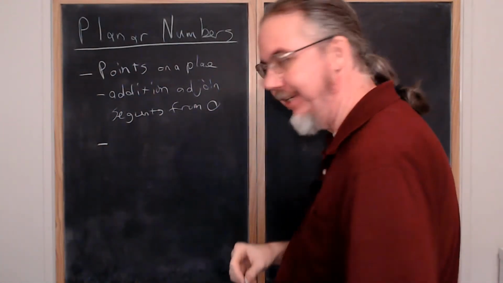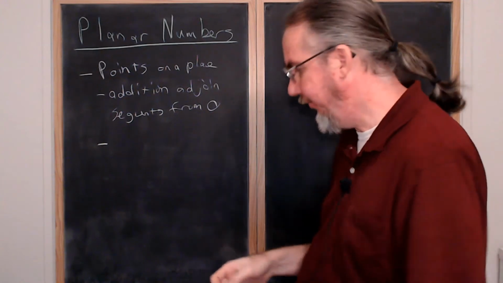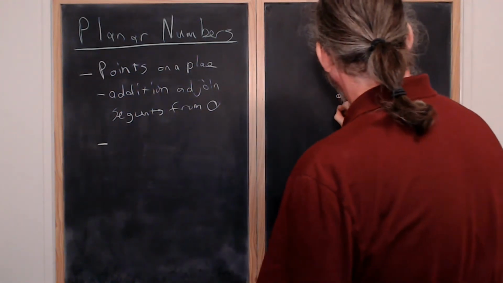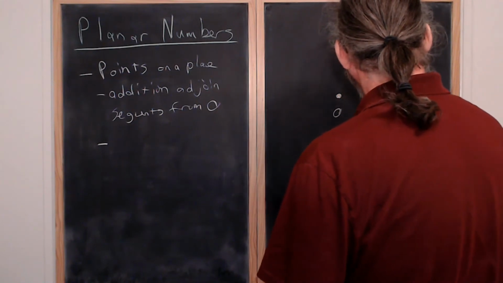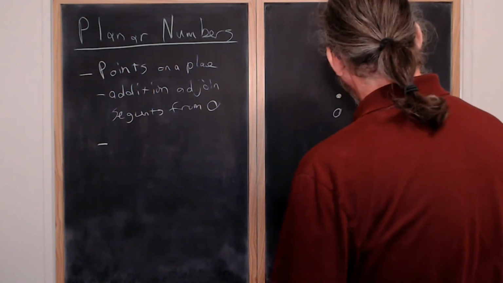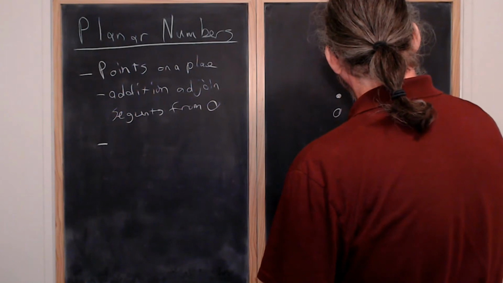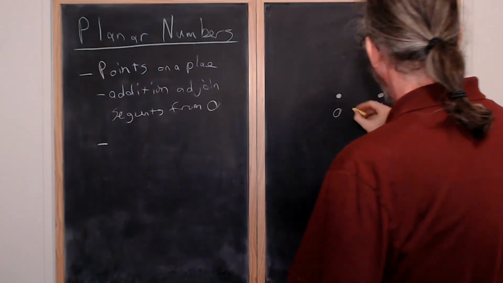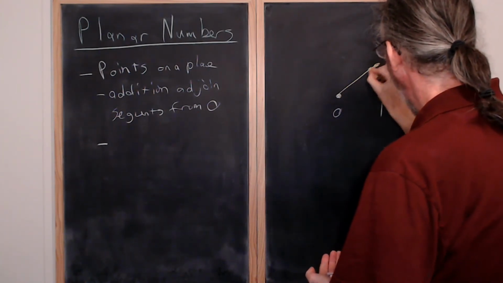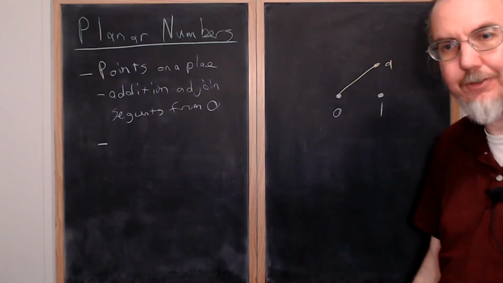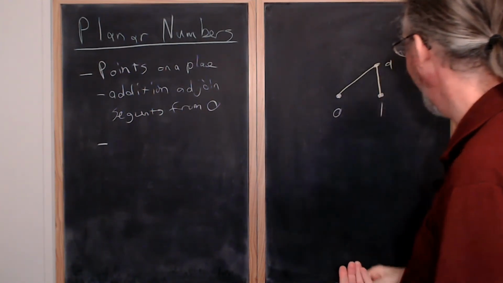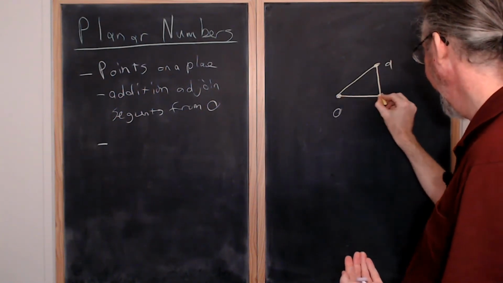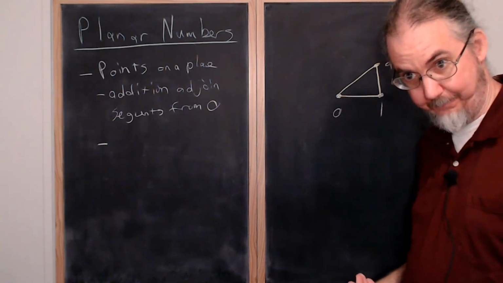So again, we need to have a 1. And then if we have our point 0, and we have a fixed point 1, and I have some other point A, then A doesn't just define the segment that we had for addition, but we also have this segment going to the 1 and this segment that connects 0 and 1.